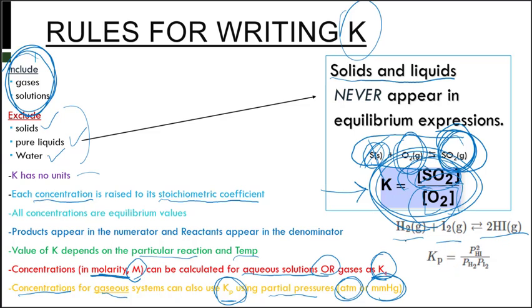But if instead of capital M, molarity, I was told that I had 1.2 atm of hydrogen gas, 0.9 atm of iodine gas, and 1.78 atm of product, instead of brackets I would say the pressure of HI squared divided by the pressure of hydrogen times the pressure of iodine. And neither of those have exponents because there are no stoichiometric coefficients in front of them.